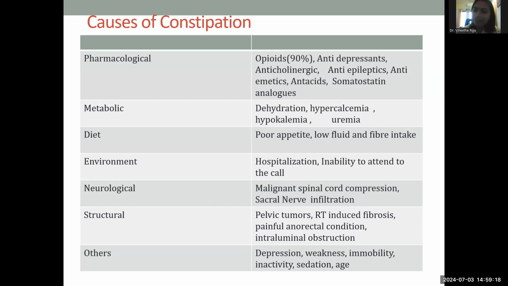Now others, like I think it was Gaurav who was saying, it could also be functional, right? So it could be depression, weakness, immobility, inactivity, sedation, old age. All these are different reasons why it can cause constipation.